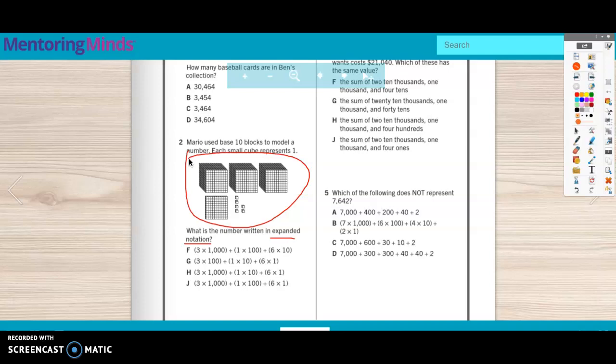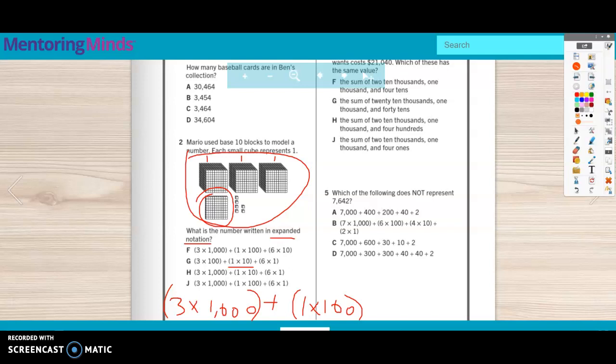So you have 3 blocks that are 1,000. So you have 3 groups of 1,000. Most people got this part correct. The part that most people got wrong is this. This is one group, but this is 100. I have quite a few friends that pick G because they pick 1 group of 10.